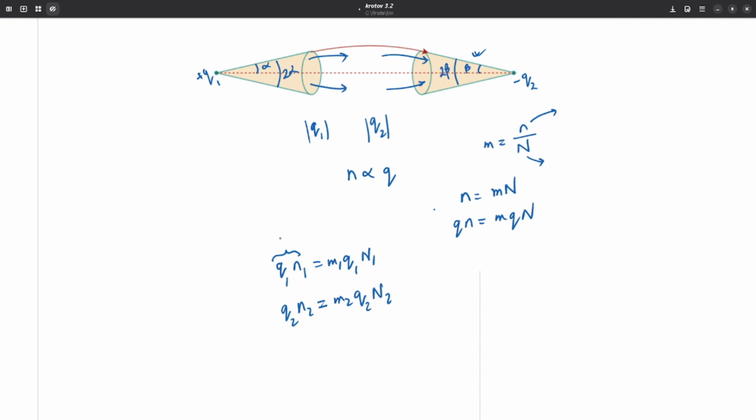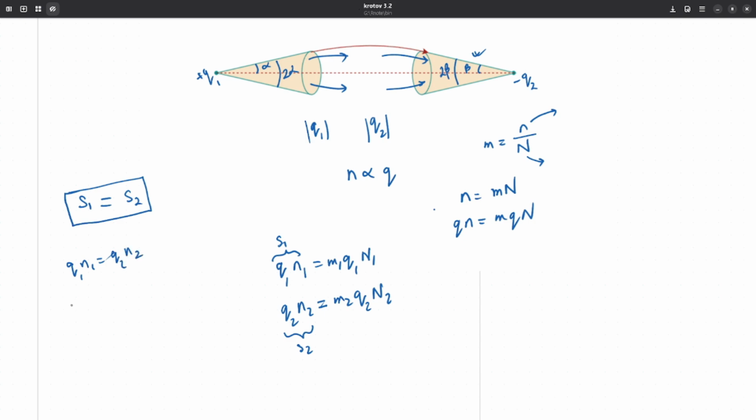Take this quantity to be equal to S1 and this quantity to be equal to S2, where S1 is the strength of the field lines emerging from plus Q1 and S2 is the strength of the field lines entering minus Q2, which are equal. Therefore, we can write Q1n1 to be equal to Q2n2.